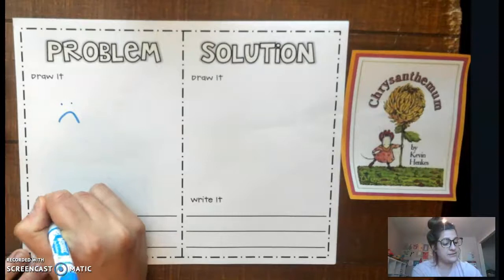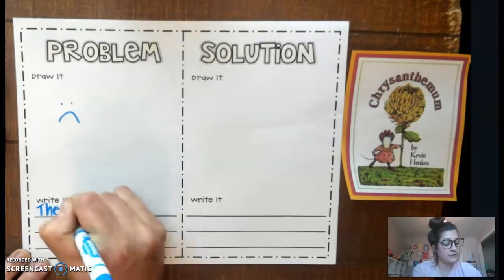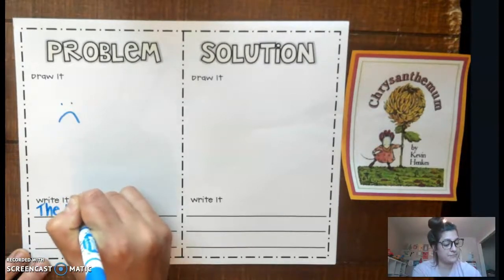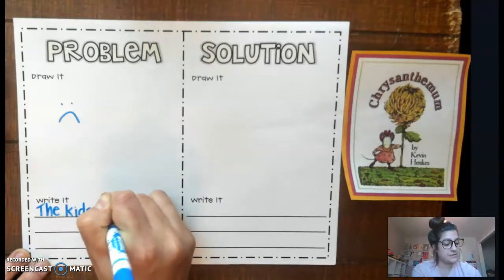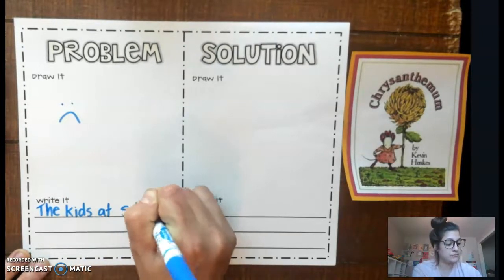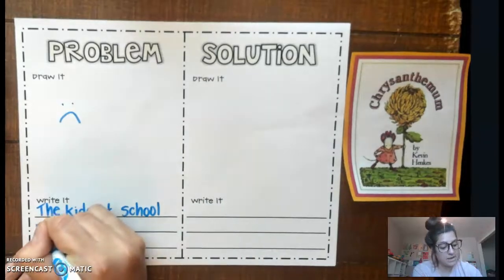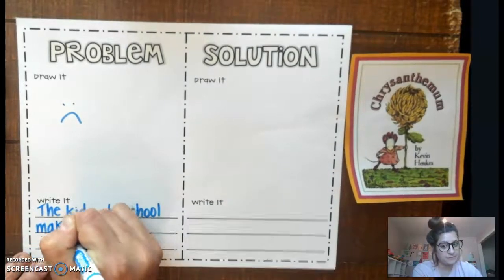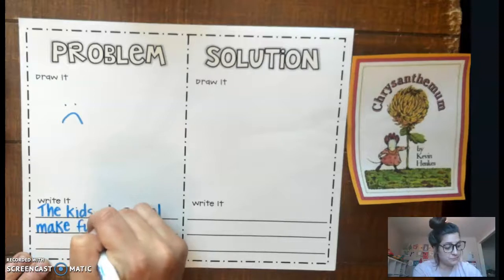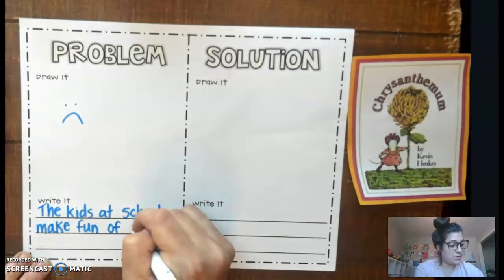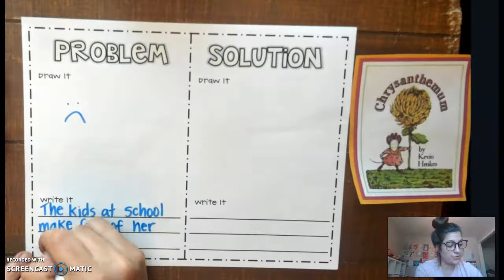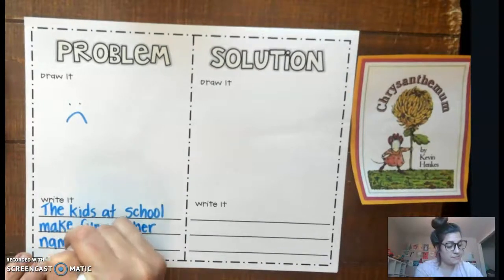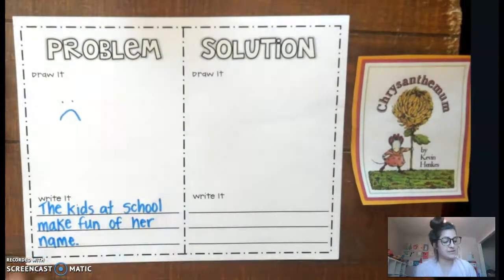The kids, capital letter at the beginning, at school make fun of her name. Period at the end of my sentence. That's the problem. That's what goes wrong in the story, is that these kids are making fun of her name.